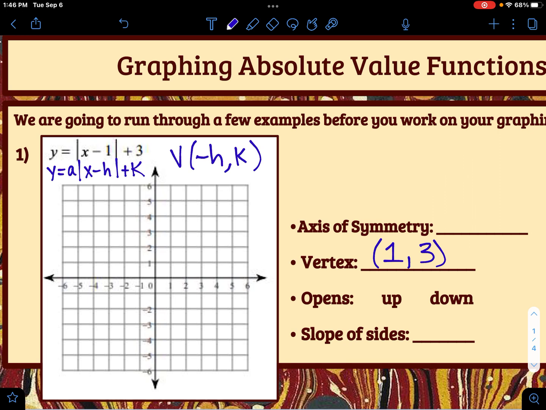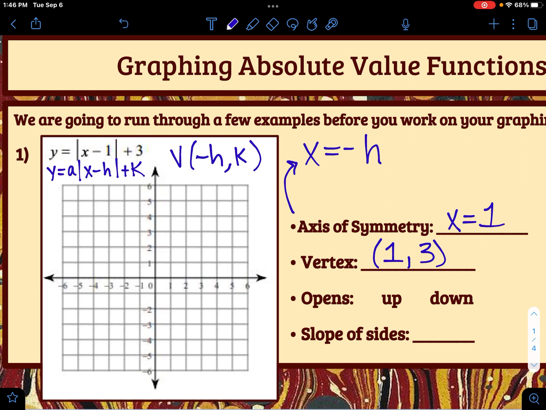Remember, our axis of symmetry shares an x value with the vertex because the axis of symmetry always goes through the vertex. So here, my axis of symmetry is going to be x equals 1. Make sure you write x equals.